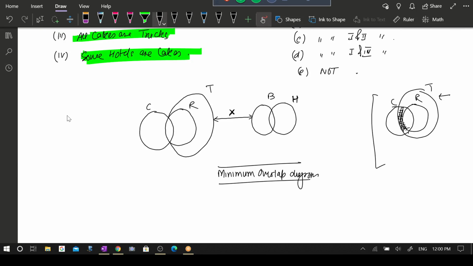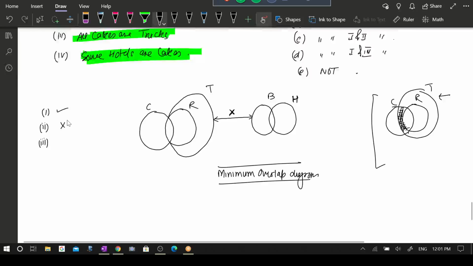Yes, there is. So the first is following. Then second, he says some bricks are roses. Here it is not, so it cannot be true. If it is not true for one diagram, it won't be true for all the diagrams. There may be a possibility it is true, but there is one possibility which is not true, which makes it not true for all. Alright, Rani, very nice.